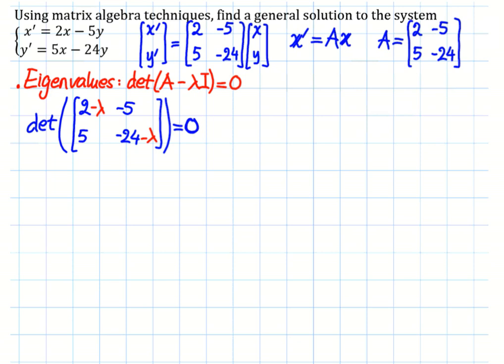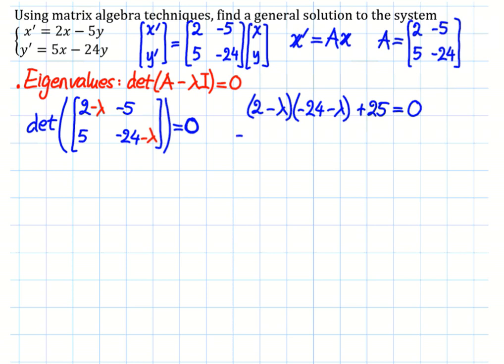Alright, determinant of a 2 by 2 matrix. All we need to do is just multiply in this direction minus the other direction. So we have 2 minus lambda times -24 minus lambda, minus -25, that is plus 25, equal to 0.